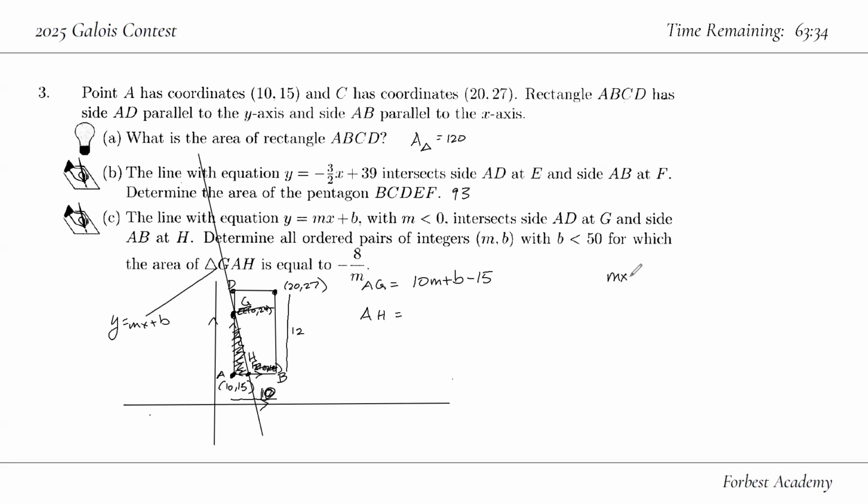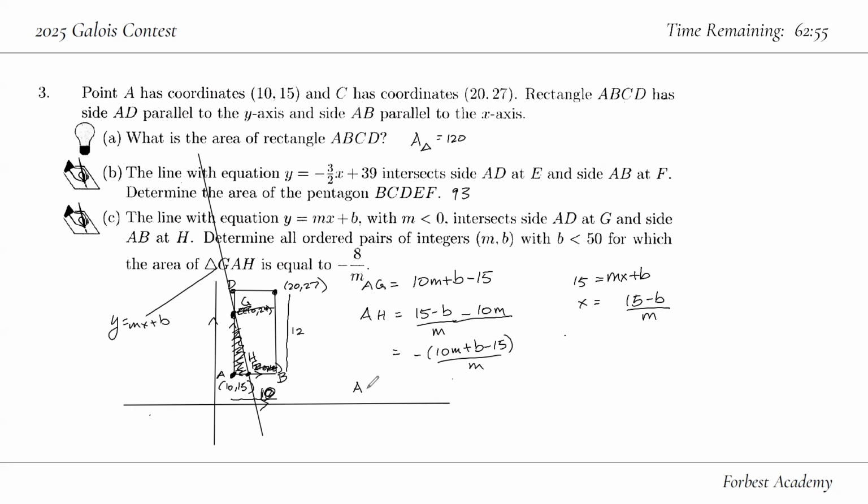We have mx plus b equals 15. So then x is equal to (15 minus b) divided by m. And then we have that AH is equal to (15 minus b) over m minus 10, and 10 is 10m over m. And notice this is equal to negative (10m plus b minus 15) over m.